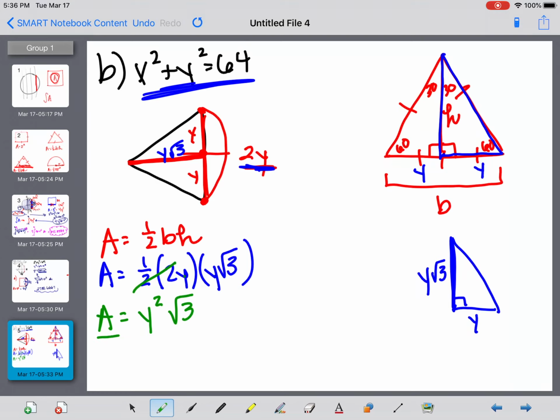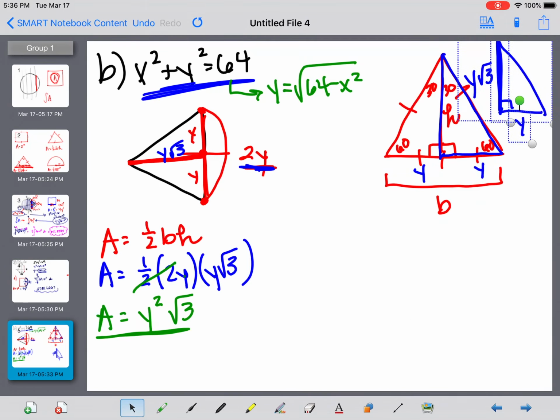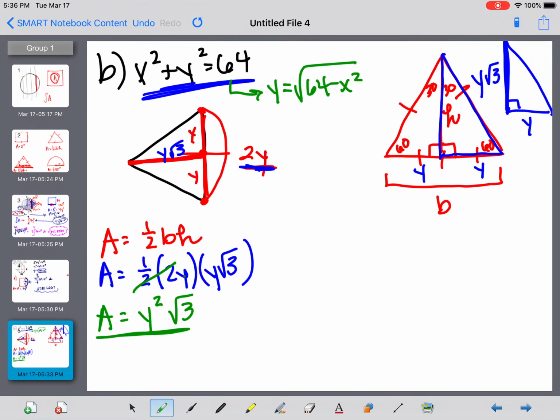Now, this is what I plug into my integral. Okay, and my y, again, comes from up here. y equals the square root of 64 minus x squared. That was from part A. So I'm going to rewrite my integral again. And again, I'm bound by the circle.